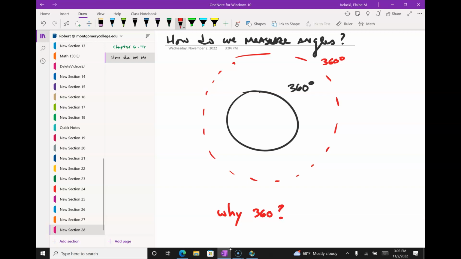The Egyptians figured out how many days a year. How many days a year in the Egyptian calendar? 365. They were off by a quarter of a day, right? 365 days in a year is really 365 and a quarter. That's a leap year thing, right?